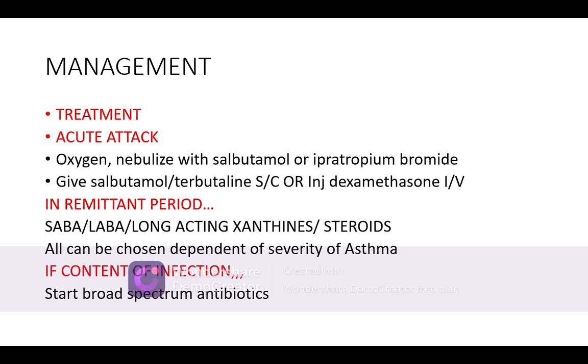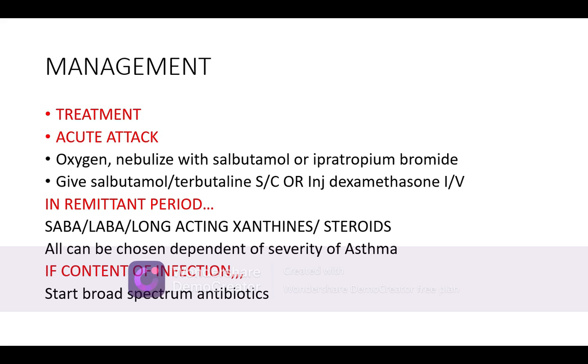Then you can give salbutamol or terbutaline subcutaneously, and in certain conditions, if there is a very severe attack, you can give adrenaline, controlled, subcutaneously. A doctor, a physician, should be there to monitor it. Or you can inject dexamethasone, or you can inject xanthines, for example intravenous theophylline or aminophylline, drop by drop.